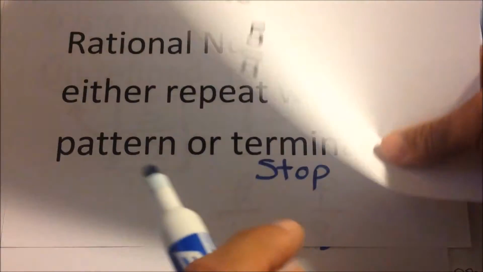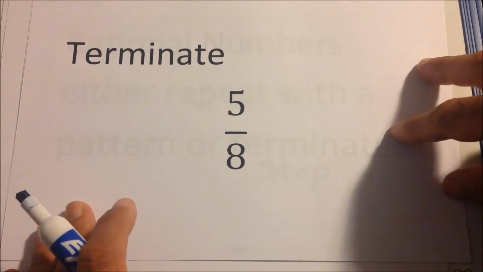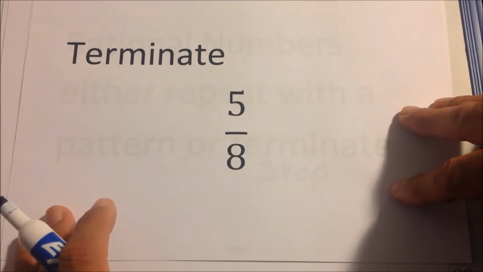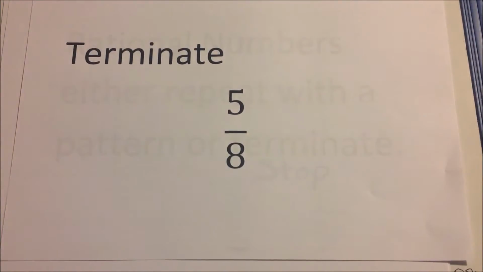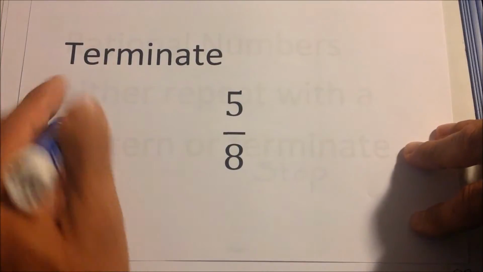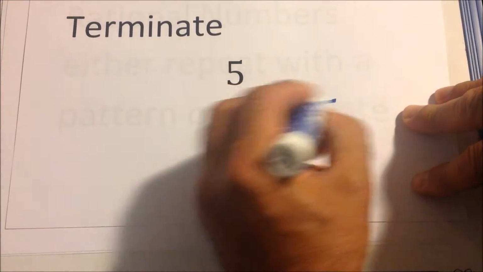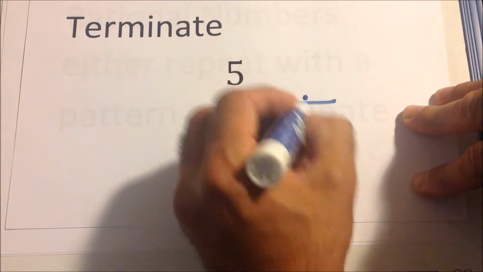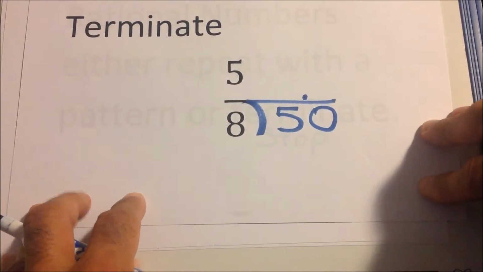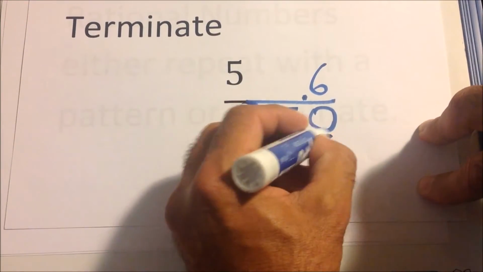So let's look at a few here. Let's look at this one. This is 5/8. It's a fraction. If we can make it a decimal, and that decimal either terminates or repeats with a pattern, it's rational. So we can test it out, put the 5 in the box, right? And 8 goes into 50 how many times? 6 times.